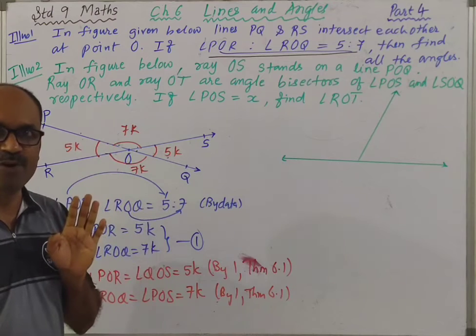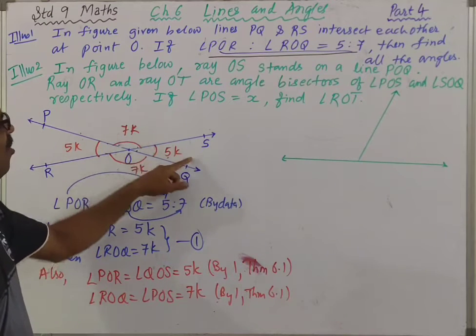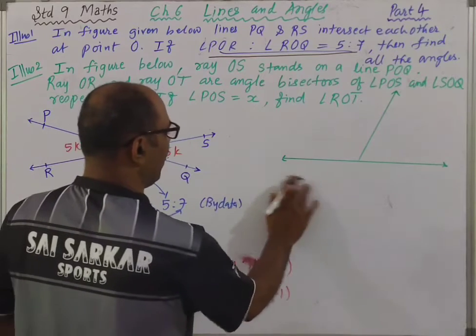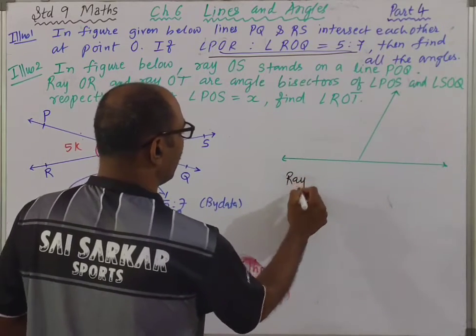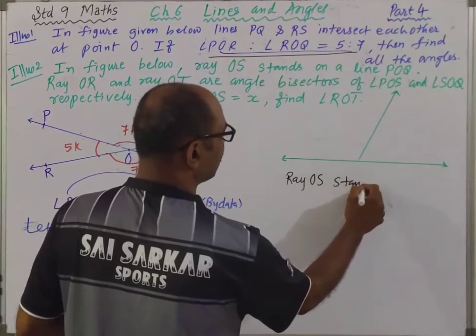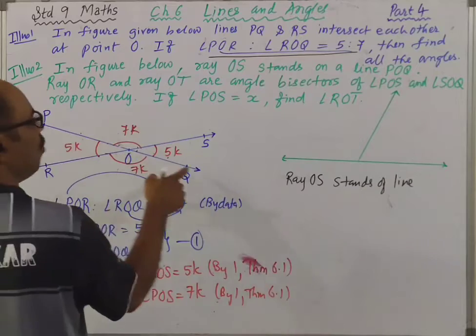Now it's important for you to find the value of K. For K, take a linear pair. Take linear pair and ray. I'll use the word this time. Ray OS stands on line POQ.